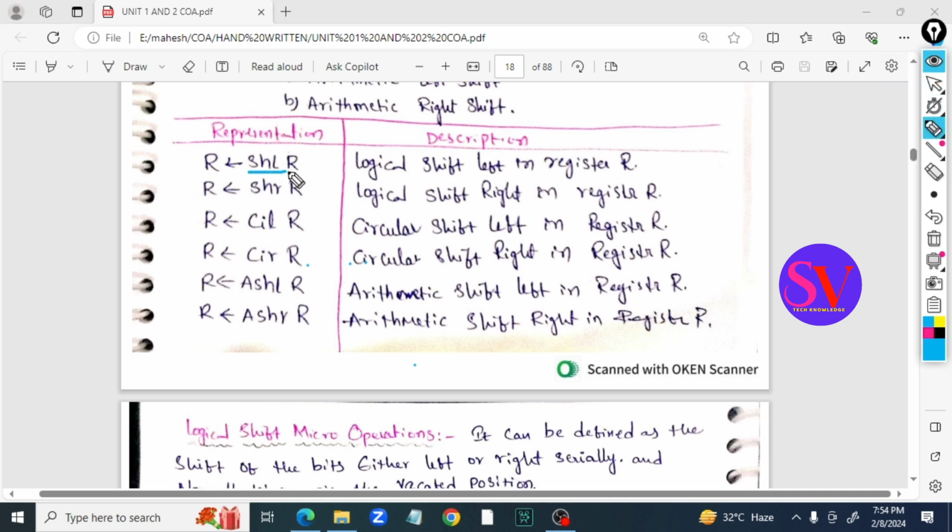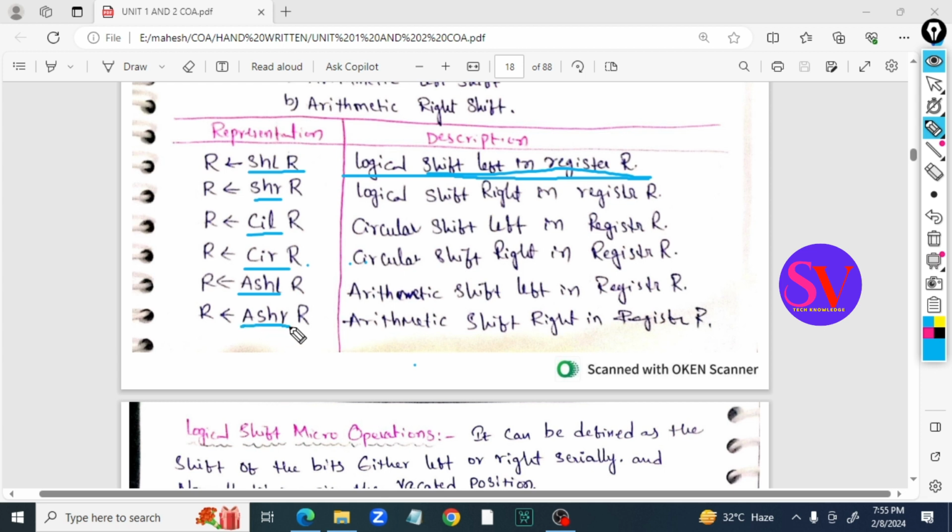SHL means logical shift left of register R. SHR means shift right. CIL means circular shift left. CIR means circular shift right. ASHL means arithmetic shift left.